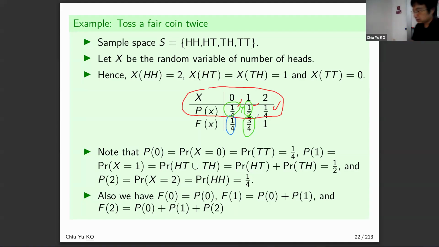And you ask what is big F of 2, you just add whatever you have before, then you get 1, right? Just stack, stack, stack, okay? The bottom is just telling you all the operations from the definition, right? But operationally it is very simple.